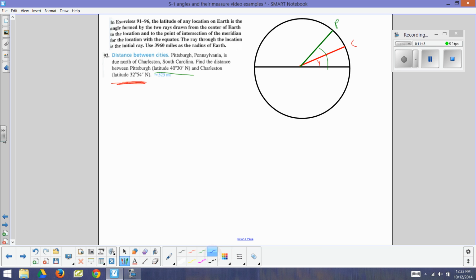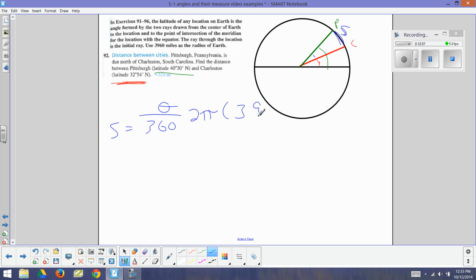If I want to find this angle right here, that theta, I would take the difference of the two. And I want to find the distance. The distance is S, an arc length. Remember, S is equal to theta over 360 times 2 pi r.